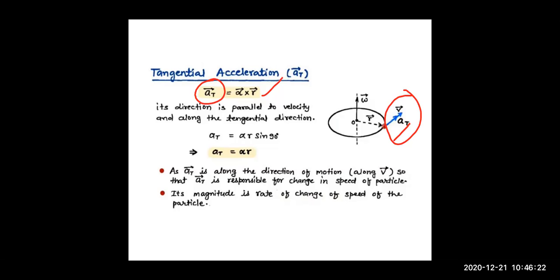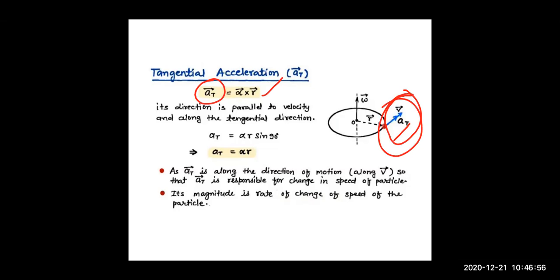Moreover, the direction of omega and alpha are going to be parallel. They are going to be along the axis of rotation, right children? So the velocity and tangential acceleration will be parallel. Both of them are along the tangent.